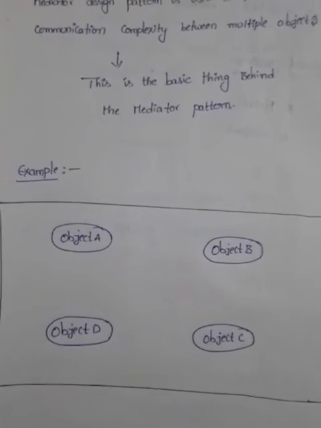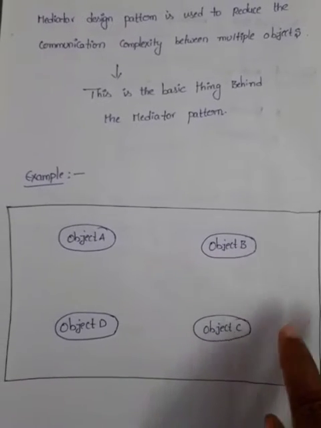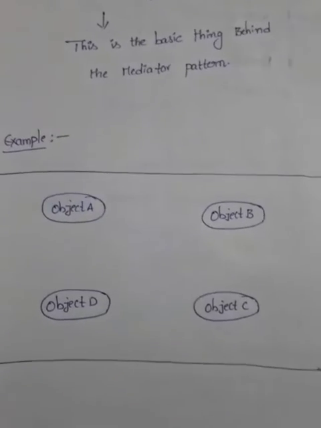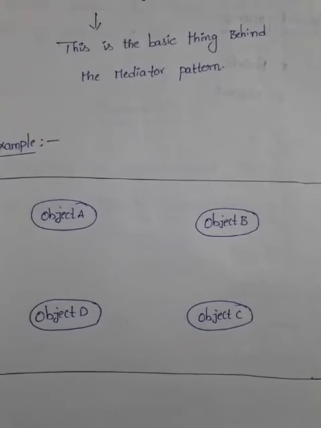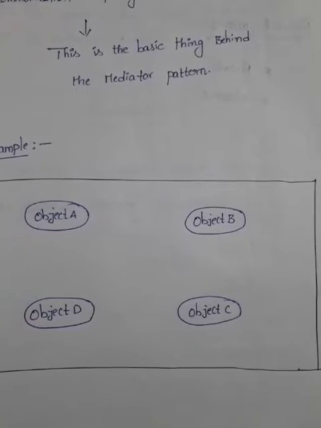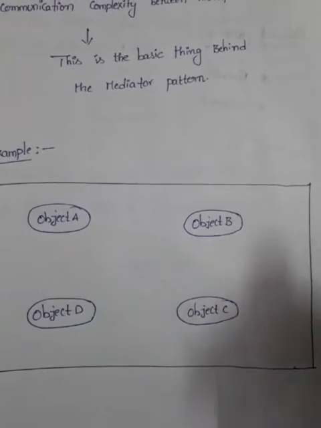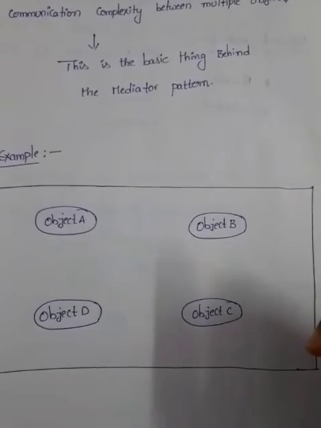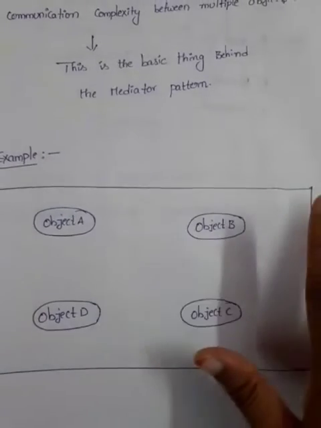In the example, I consider 4 objects: object A, object B, object C and object D. Here object A wants to communicate with object B, or object B wants to communicate with either object A, C or D, or object D wants to communicate with A, B or C. Suppose these 4 objects want to communicate with each other.